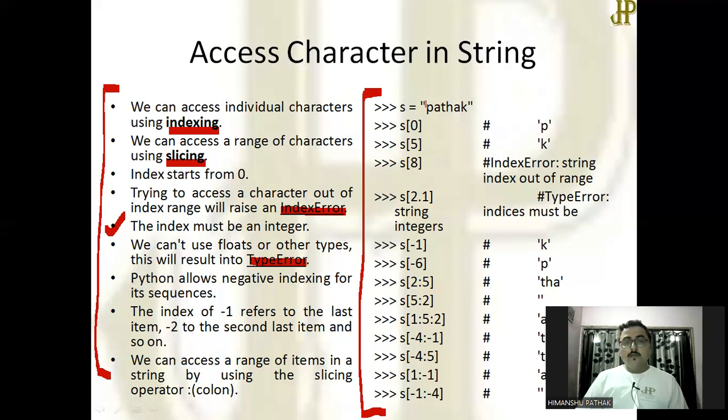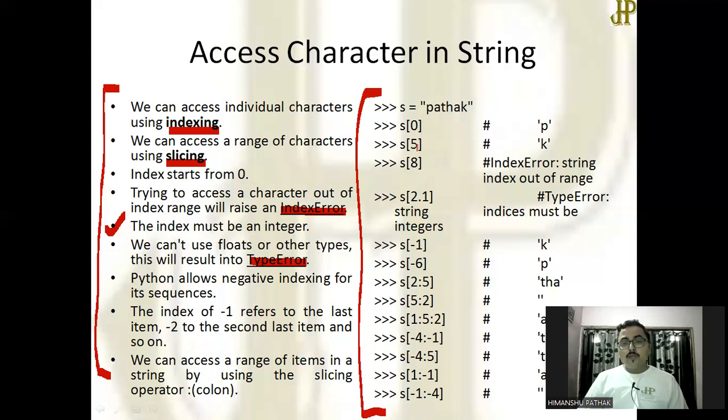So here I have taken one string, that is Pathak. Now I want to pick the first character. So what is to be done? S of 0. So P is printed.